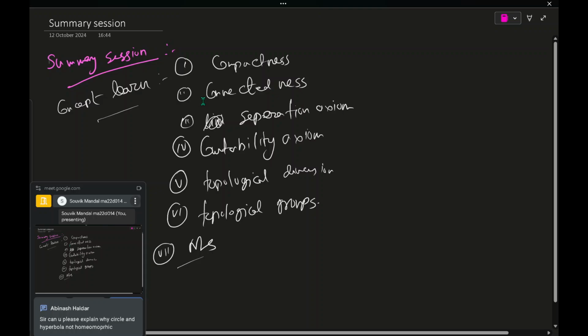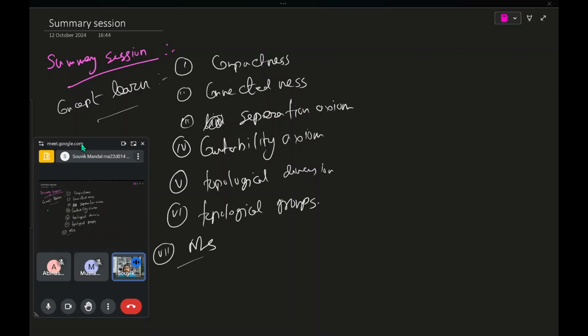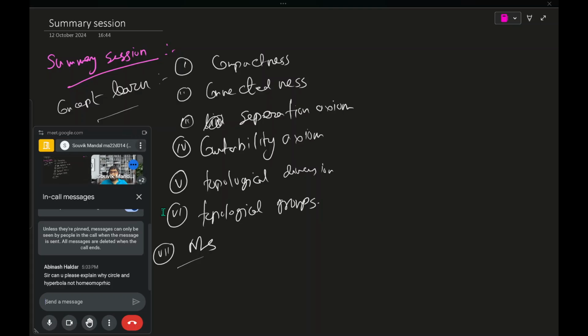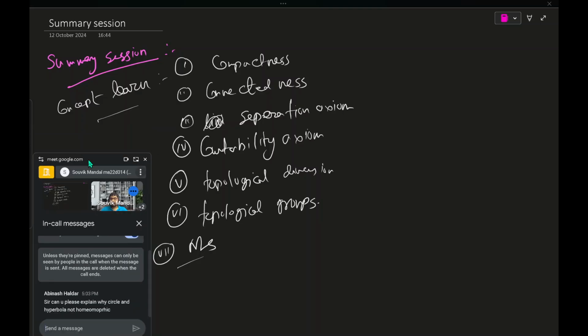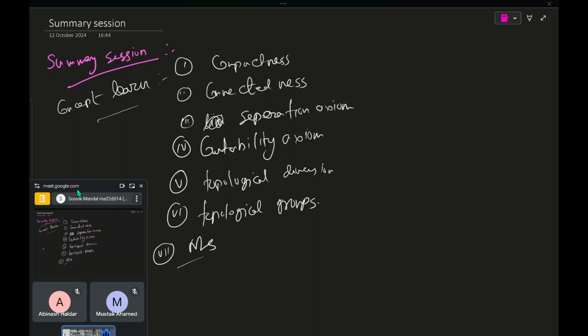Avinash has sent one question, just for you. Let me go through it. The question is: can you please explain why a circle and a hyperbola are not homeomorphic?